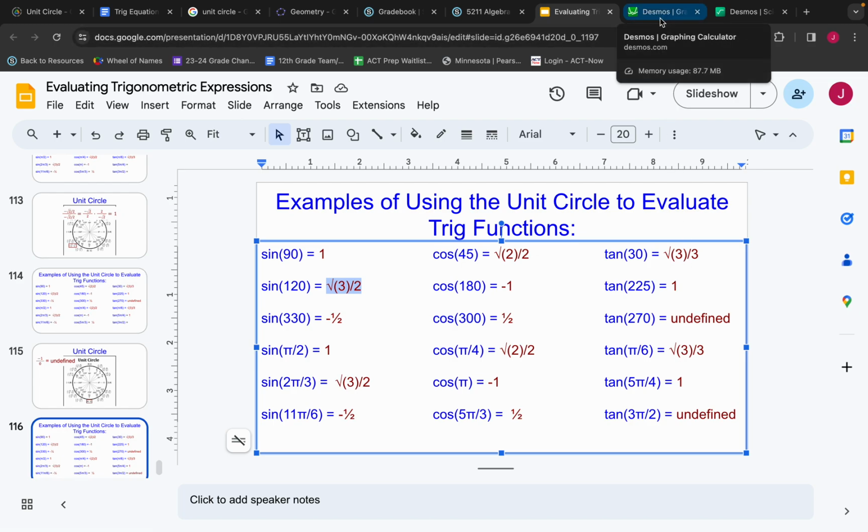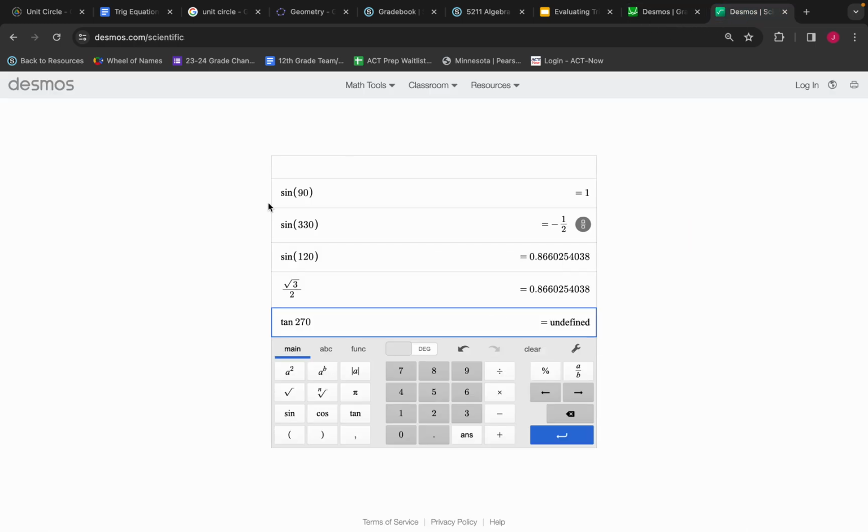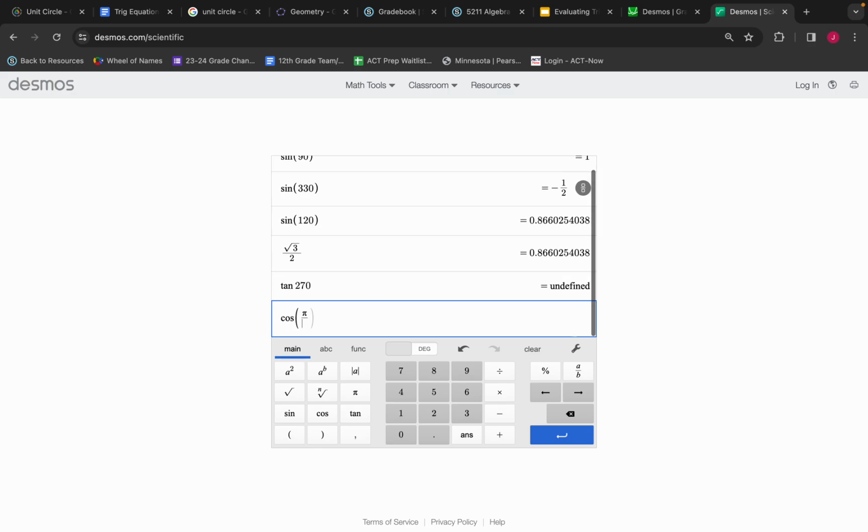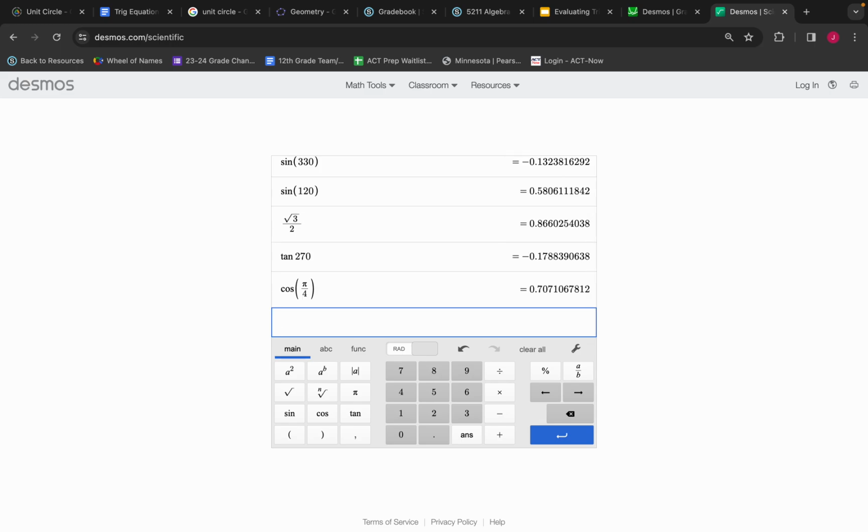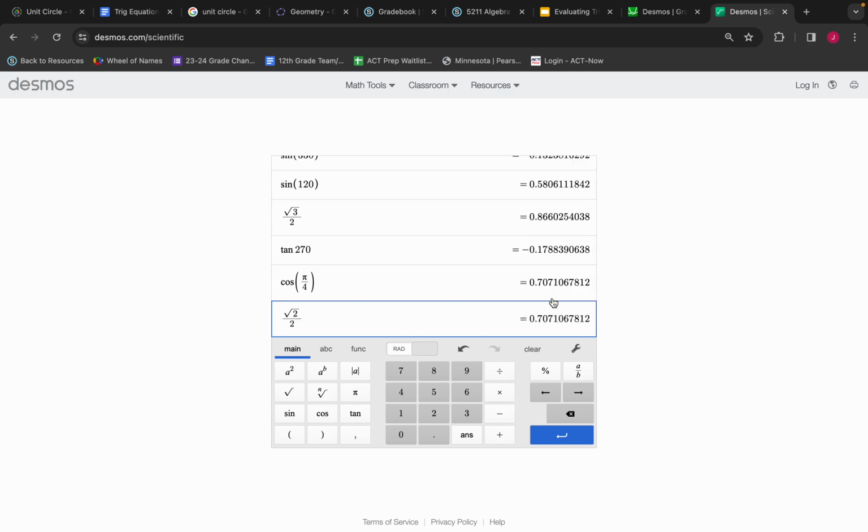If I do cosine pi over 4, I got to be in radians, I get this answer, which just happens to be equal to the square root of 2 divided by 2. So we can use Desmos to calculate all of these. Just note that if your answer is supposed to be an irrational number, you're going to get a long decimal, and it's up to you to figure out what that decimal is.